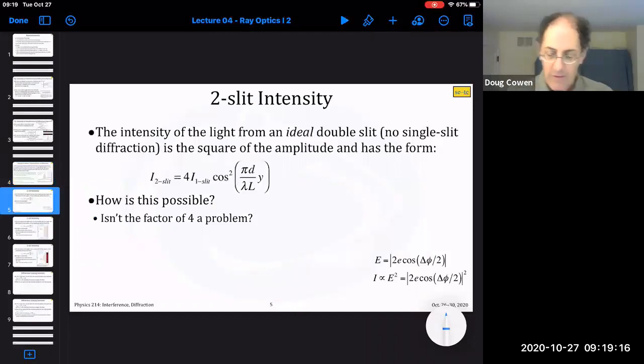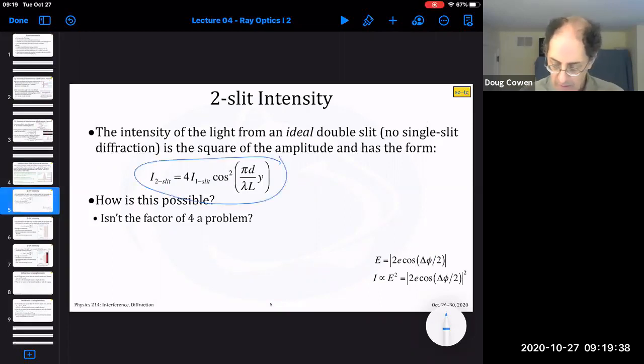So next, I'd like to talk in a little more detail about intensity and what it means. The intensity of the light from an ideal double slit, so there's no single slit diffraction here, so temporarily forget about diffraction, is the square of the amplitude, and it has this form here.